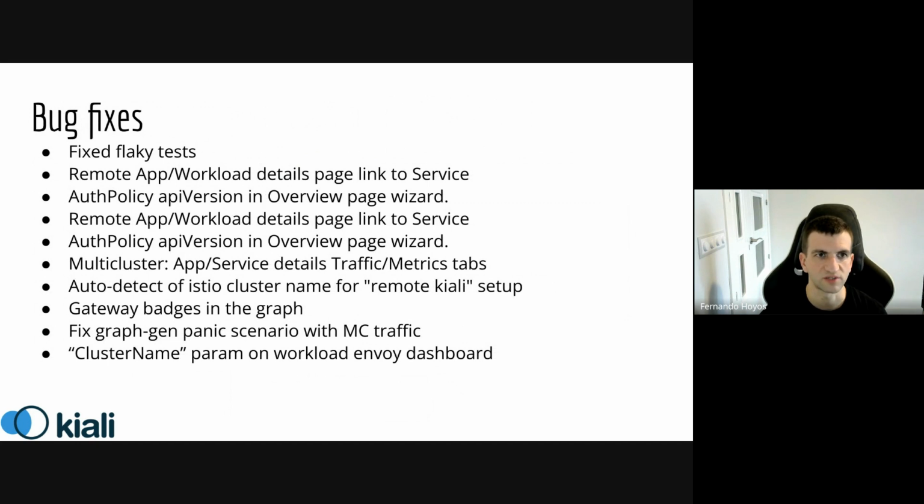Related to bug fixes, some bug fixes have been implemented in this version: some flaky tests, remote details page linking service, the API version in the auth policy in the wizard, some remote app workload details that were duplicated, auto detect of Istio cluster name for remote Kiali setup, some gateway badges that were not shown in the graph, a panic in the graph generator scenario with multi-cluster traffic, and cluster name parameter was not sent on when you go to the Workload Envoy dashboard.